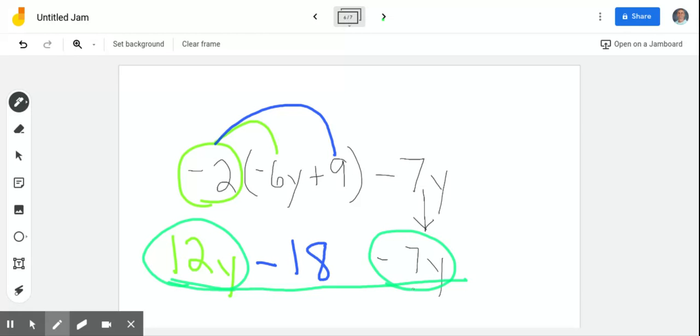I kind of wrote too big. 12y minus 7y is going to give us 5y. The negative 18 is by itself, nothing to combine it with. So just bring it down in the answer, negative 18. So the answer is going to give us 5y minus 18.